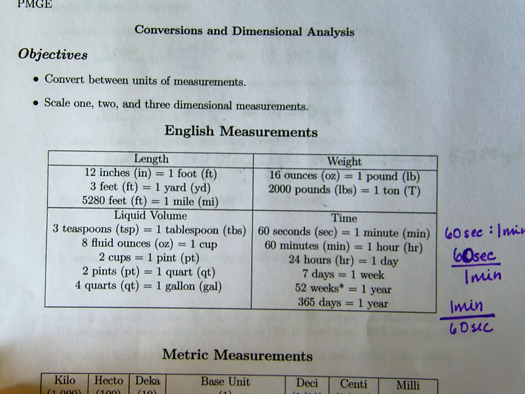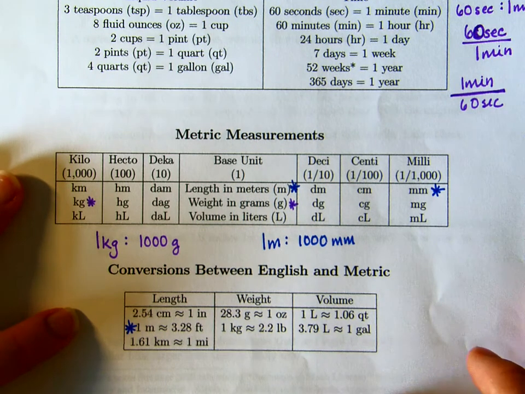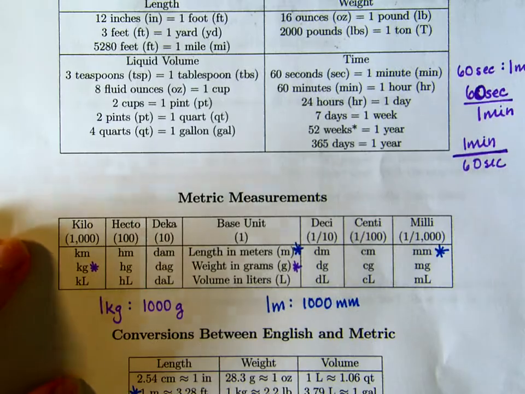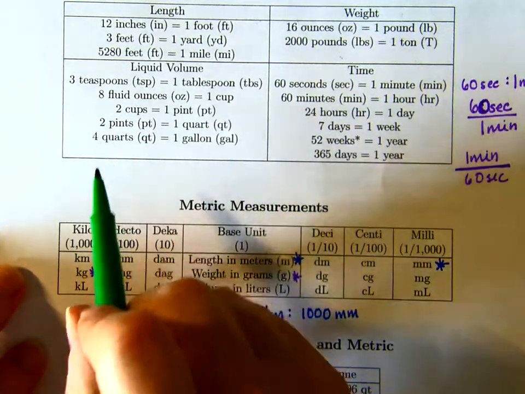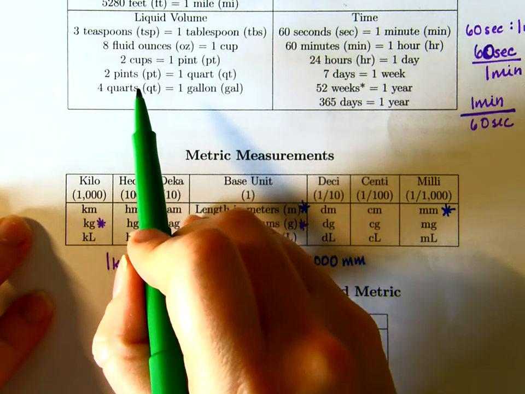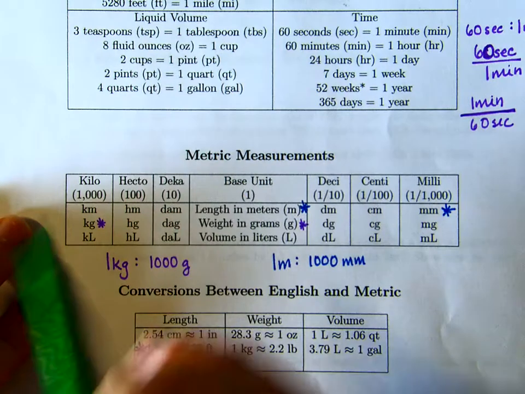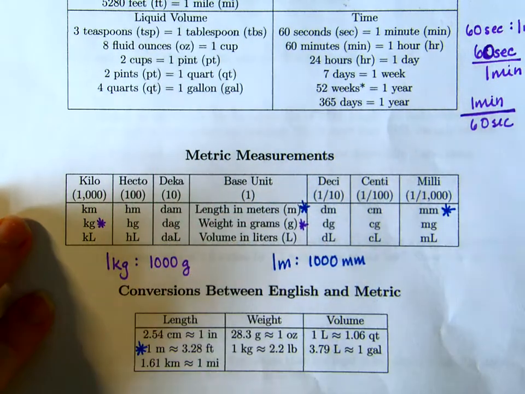Let's see, liters. I see liters down here. We can go liters into gallons or liters into quarts. And up here we can go from cups into pints. Oh, okay, here we go.